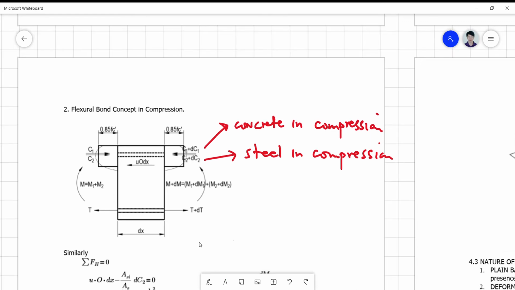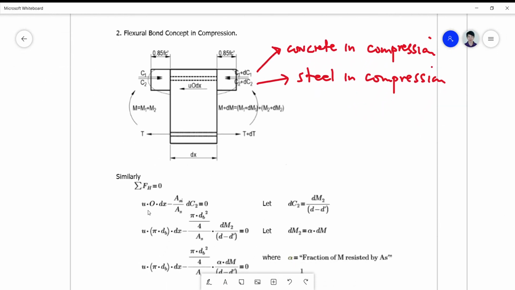The formula is just the same: U πdB, DC2 minus AS. So we're referring now to the steel in compression, and instead of having a DT, we have a DC2 here.